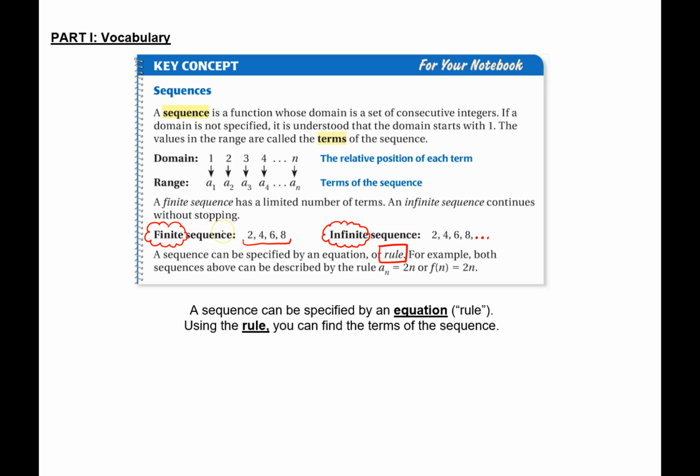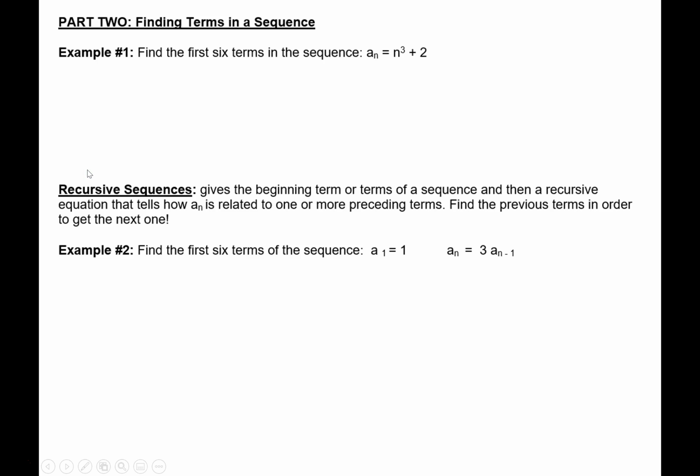The pattern that one is following helps us create an equation so we can find any number in the list of an infinite sequence that we want. So there's some vocab that we're going to work with. Let's go ahead and get into finding some terms in a sequence.